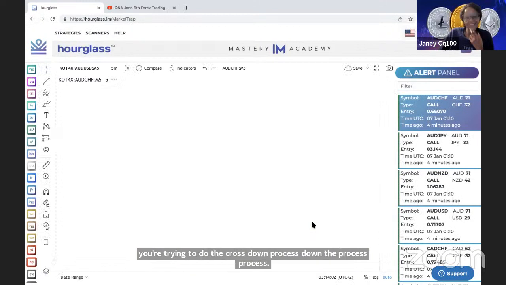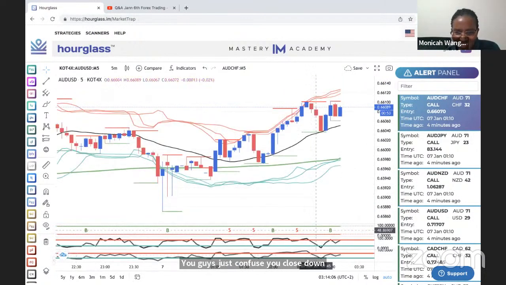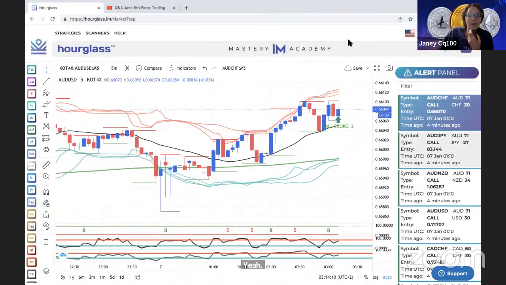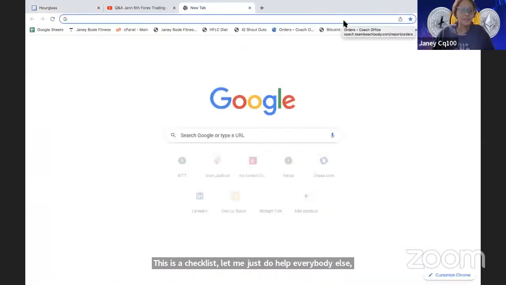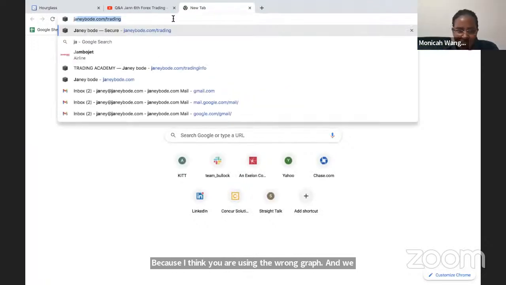Did I just confuse you? Cross down. So this is a checklist. Let me just, to help everybody else, get this real quick, okay? Because I think you are using the wrong graph with the checklist. Does that make sense?